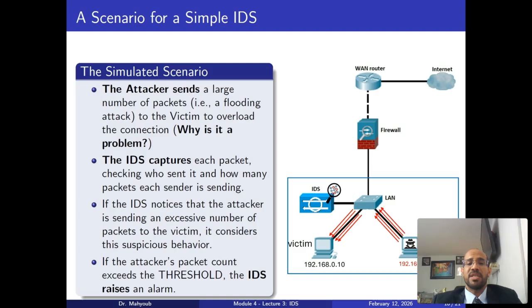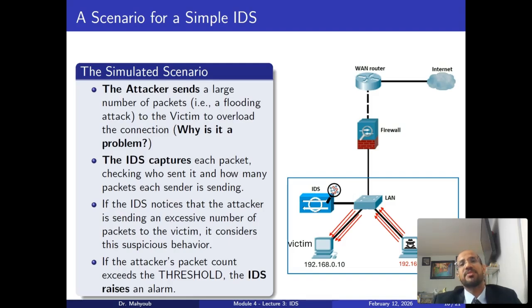And of course, we need a threshold here, right? The IDS has a predefined threshold, a limit on how many packets can be sent by one sender in a short time, for example. If the attacker's packet count exceeds that threshold, the IDS raises an alarm to notify the network administrator of the potential attack. That's the idea.